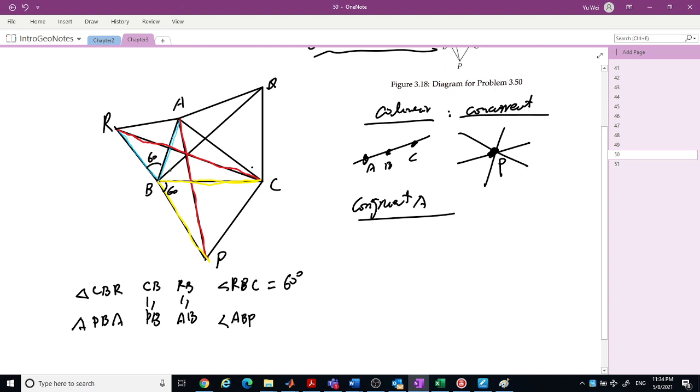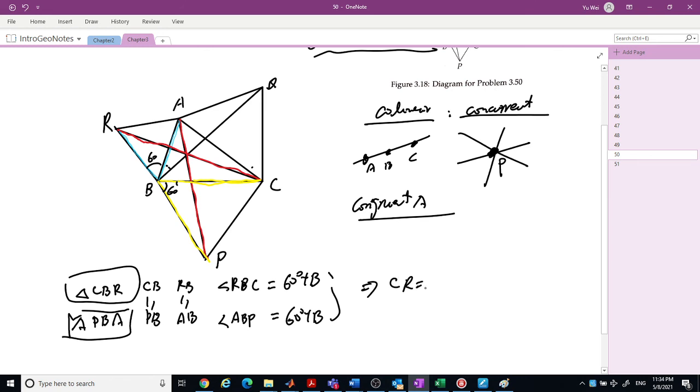Let's see, this angle is B, so this angle is 60 plus B. This angle is also 60 plus B. They are equal. So these two triangles are congruent. So you have CR equals AP.